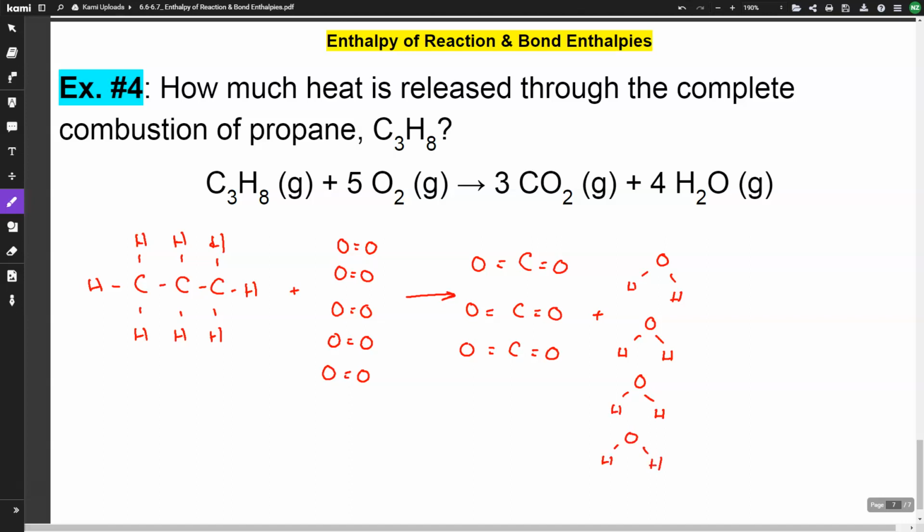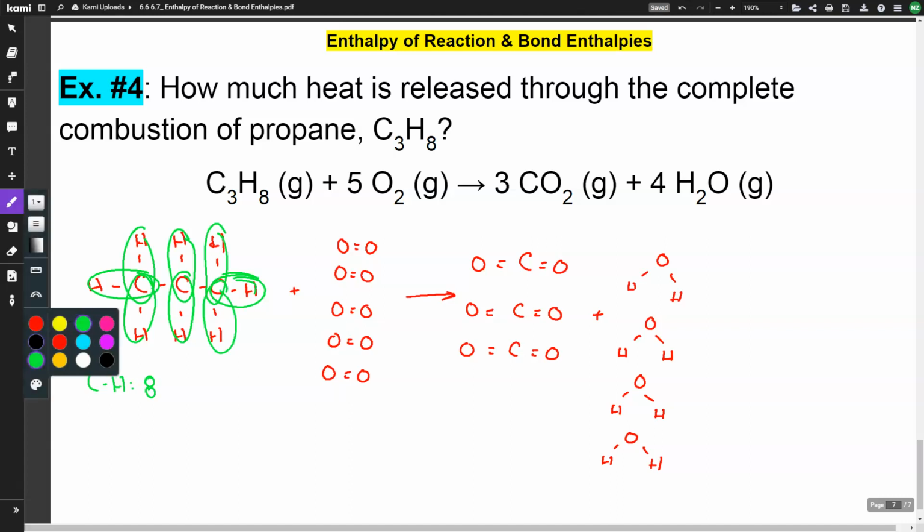Now we want to figure out what bonds are being broken, what bonds are being formed. On our propane, we have a CH bond. There are 1, 2, 3, 4, 5, 6, 7, and then 8 of those. We also have a couple carbon-carbon bonds.